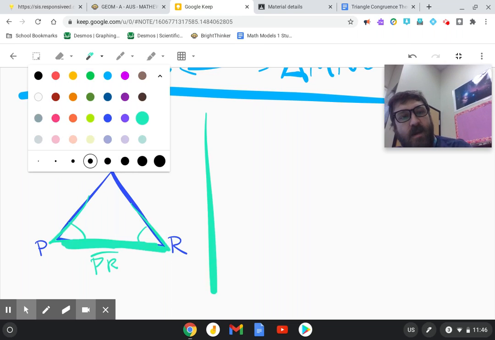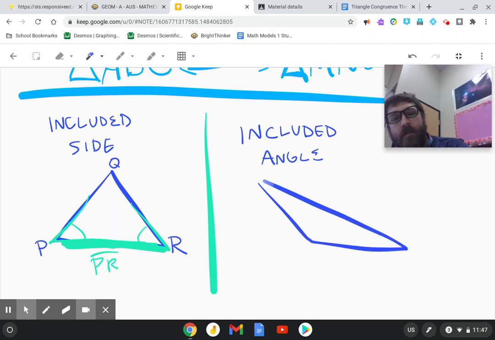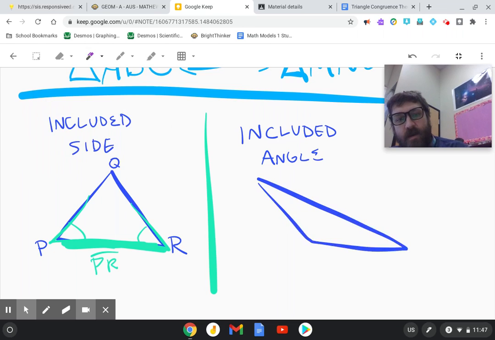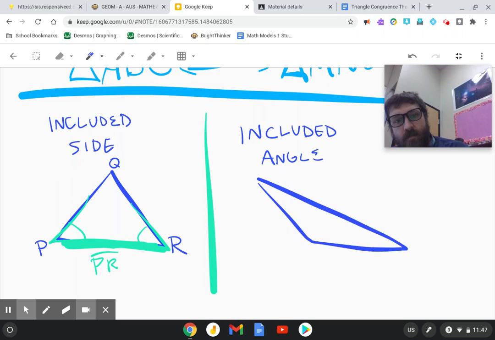On the other hand, I also have this concept of included angles, and it's kind of the opposite idea. So to be an included angle, you might have a triangle, and we have maybe two sides. Say we'll call this triangle RST.